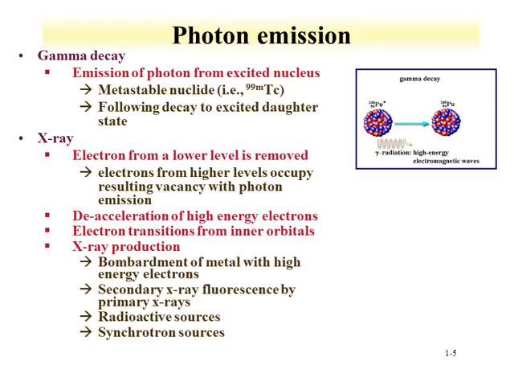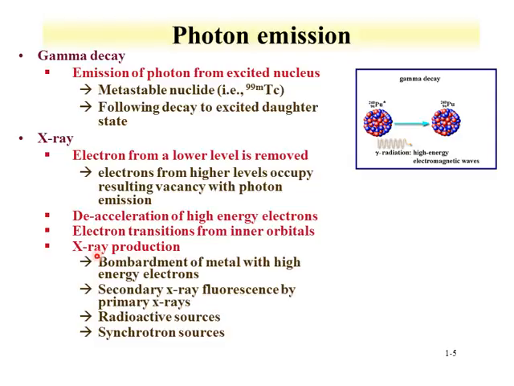X-rays, they're also photons. They tend to be at much lower energy, and this is an electron property. So it's an electron being removed from a lower level, an electron coming down, and photon emission correlated with that removal. You can also have X-rays produced from deceleration of high energy electrons.